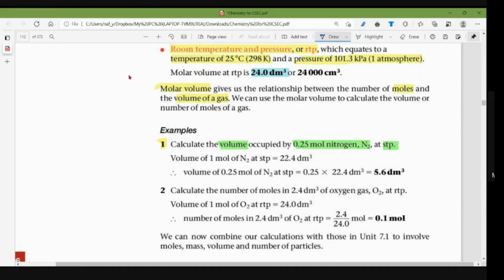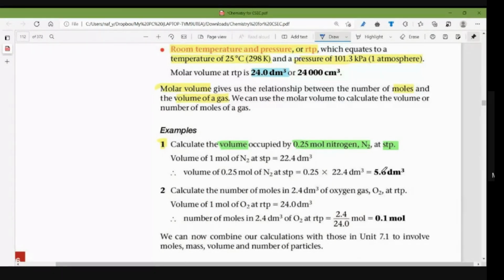All right. Remember now, when we are working to solve for an unknown, always start by writing what you know. And what you know is 1 mole of anything. You know how many particles are in a mole. You know what the mass of a substance would be if you only have 1 mole.